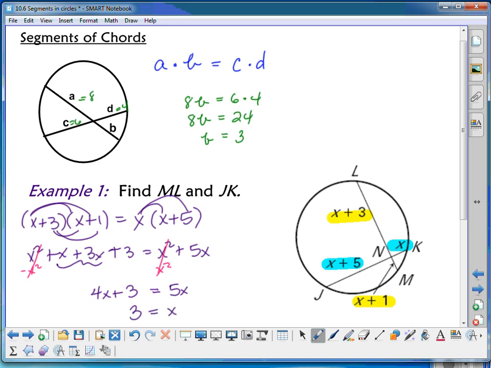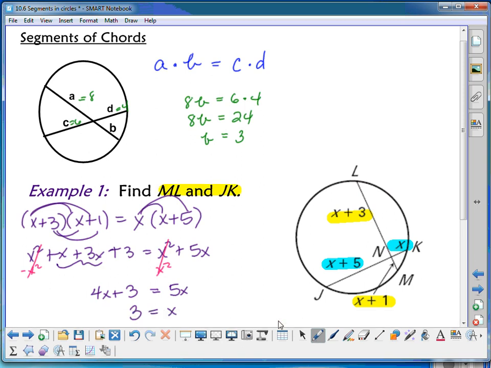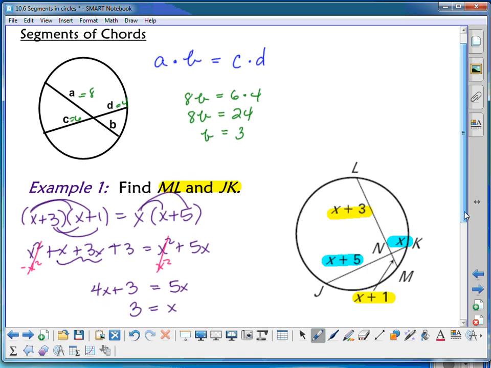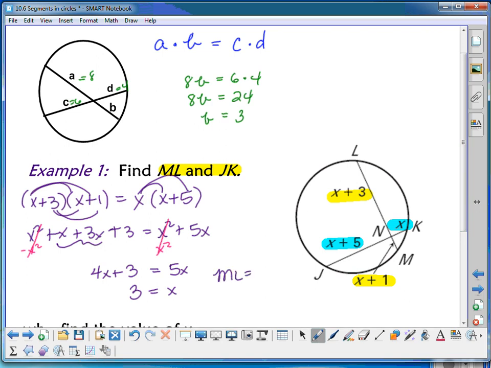is equal to 3. However, I'm not done with the problem because they want me to find the length of ML and JK, so you have to plug that 3 back in. ML is the whole thing, so x plus 3 becomes 3 plus 3, or 6, and then this part down here would be 3 plus 1, or 4, so 6 plus 4, ML is equal to 10.